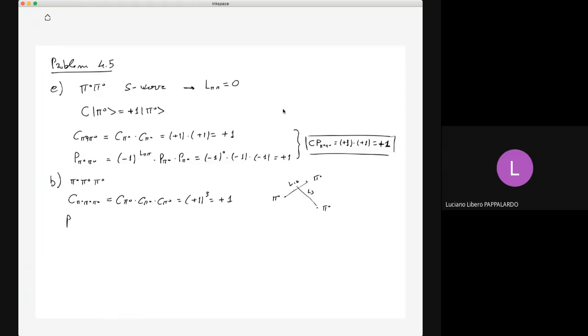So for the parity of these pi 0, pi 0, pi 0, we have (-1) to the L12 plus L3 in general, and then we have the intrinsic parities of the three pi zeros.